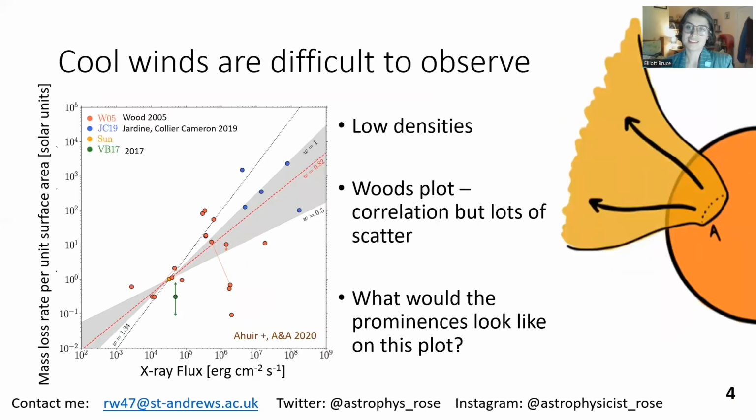Winds of cool stars are difficult to observe due to their low densities. With that said, there are a few methods by which their mass loss rates can be deduced, and the data from these are shown on this plot here. So again, the vertical axis is the wind mass loss rate, and the horizontal axis is the X-ray flux. A few of the methods include the interaction of the wind with a planetary atmosphere.